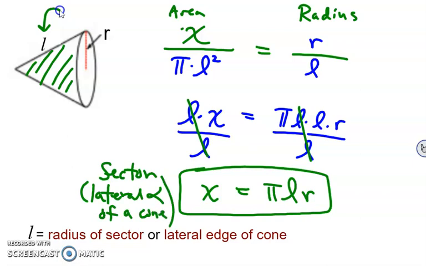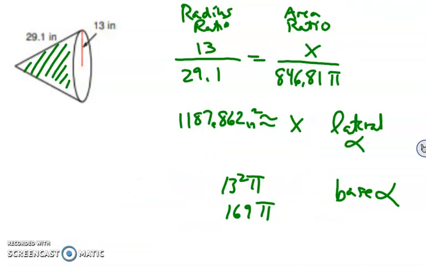So we go back to the previous problem. We're going to use the pi R L just to demonstrate that we do actually end up with approximately the same answer. So in this problem here, we had the lateral area being about 1187.